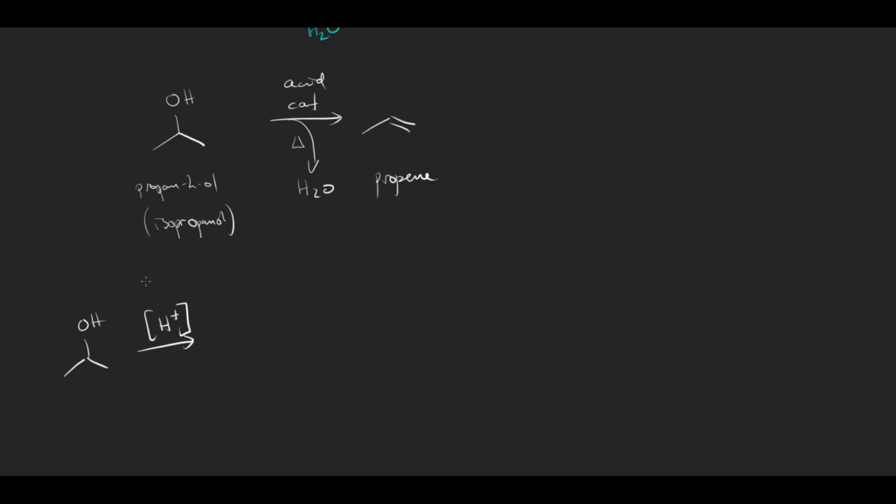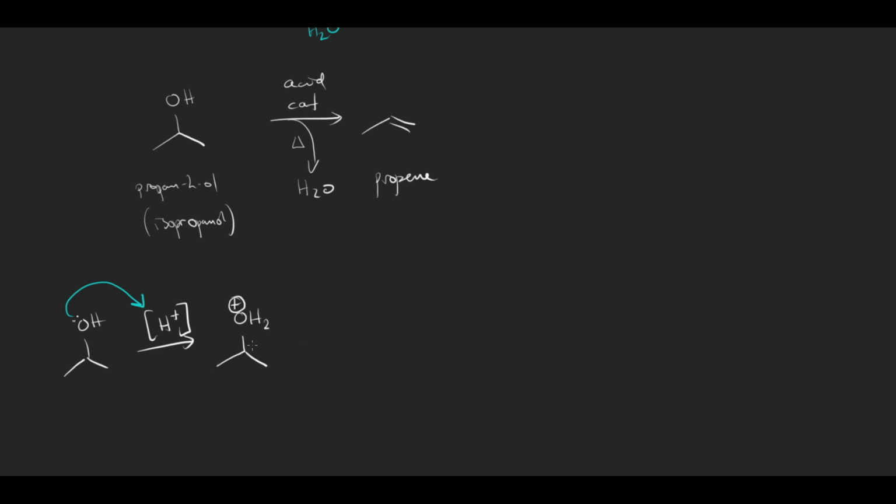This will probably be on something else like H3O+, but for mechanistic simplicity, we can use the H+. So this oxygen here has a lone pair on it, and so the first thing that happens is you get this attack. Now oxygen has more than two bonds to it. It's got three because it's got two hydrogens and one carbon bond, which means I give it a positive charge.